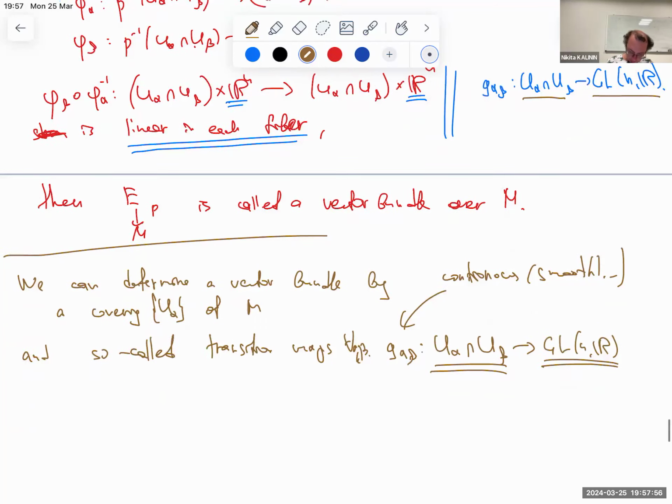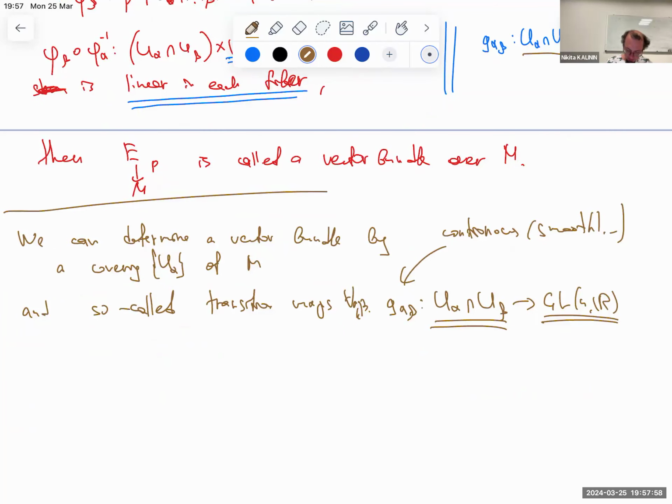Okay, but also it's not arbitrary maps, right? Because we need that if you have the triple intersection, then G alpha beta composition G beta gamma must be equal to G alpha gamma.